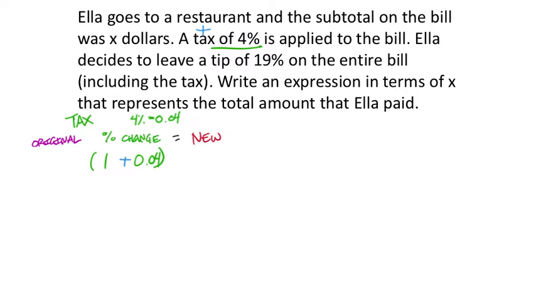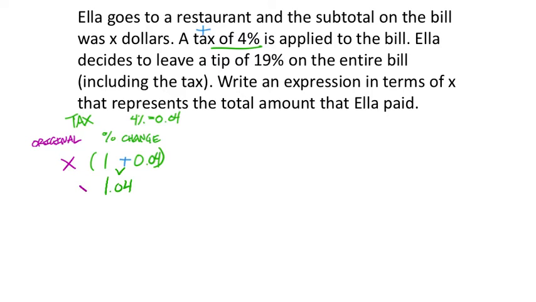So 0.04, the original value on this one, oh, that's what we don't have. We're looking for an expression. I don't know what the original value is, so I'm going to have to use an X on that. And I actually guess we're not even using an equation. So on this one, we don't really need this equals new stuff. If you were to add inside the parentheses there, you would get 1.04.